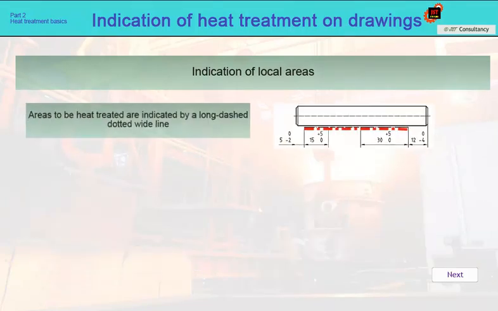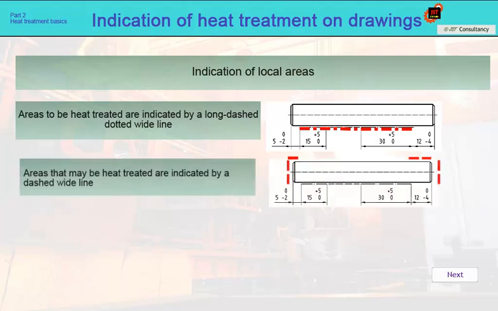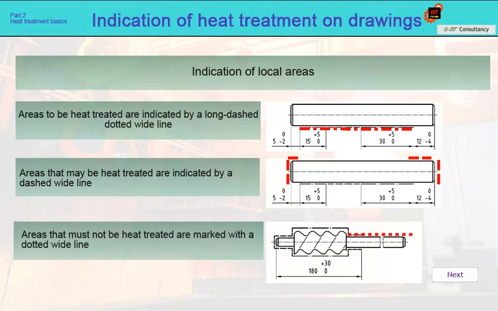Areas to be heat treated are marked with a long dashed dotted wide line. Areas that may be heat treated are marked with a dashed wide line. Areas that must not be heat treated are marked with a dotted wide line.